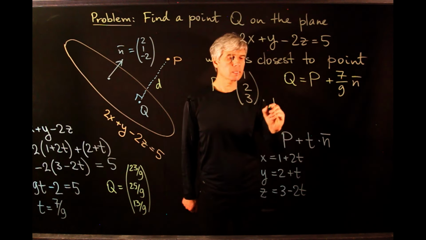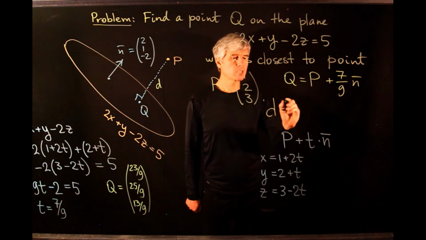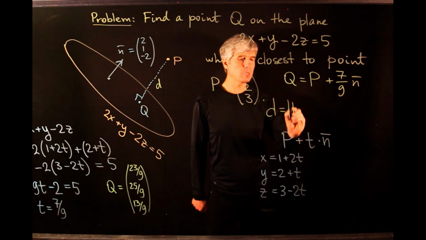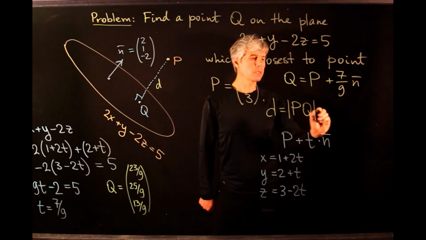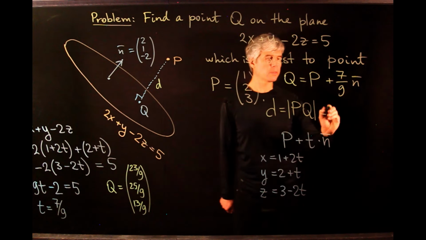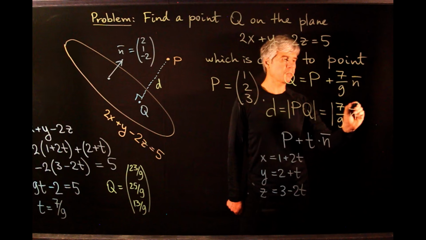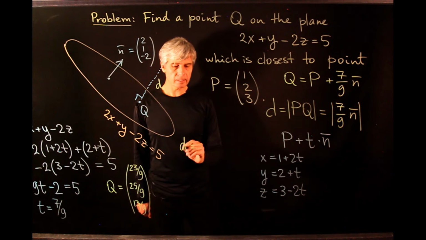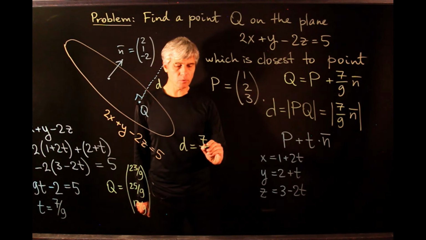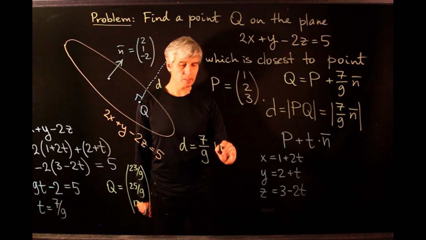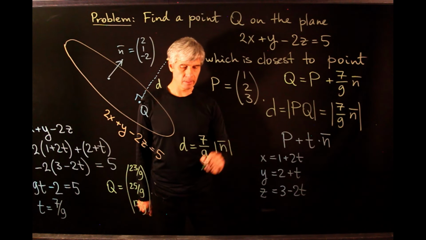And then this tells us that d, which is the distance between P and Q, is equal to the length of the vector 7 over 9 n. So what we get is that d is equal to 7 over 9 times the length of the vector n.